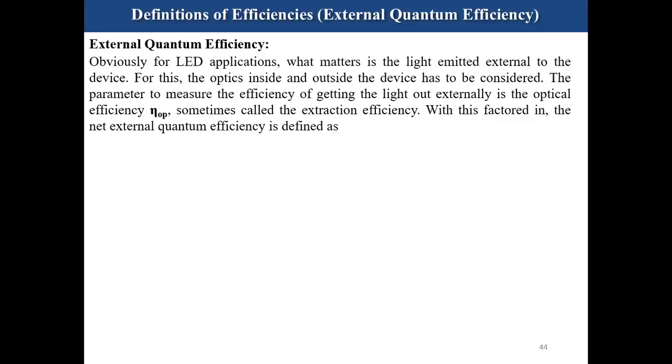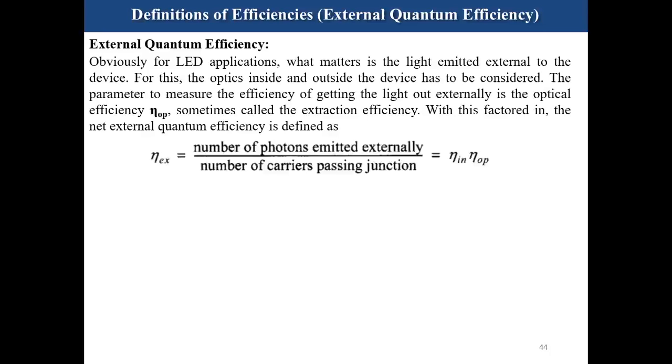The parameter to measure the efficiency of getting light out externally is the optical efficiency, sometimes called the extraction efficiency. With this factor in, the net external quantum efficiency can be given by the number of photons emitted externally over the number of carriers passing across the junction.